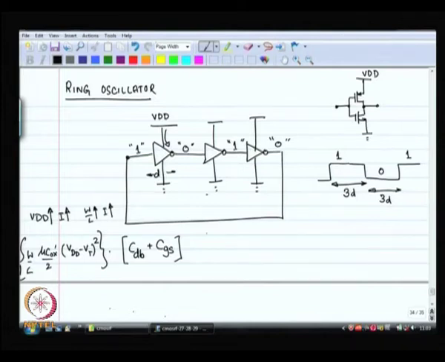You can figure this out, and so that is the current. This current has to charge a capacitor, and that is what you have over there. You get a delay. Right. So, this is the analysis from this perspective.